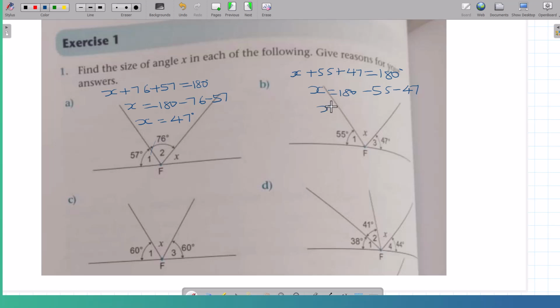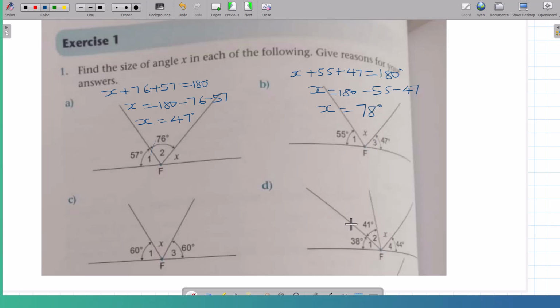So what's our final answer here now? 78. So we get 78 degrees, ne? Are we together, guys? 78 degrees, okay?